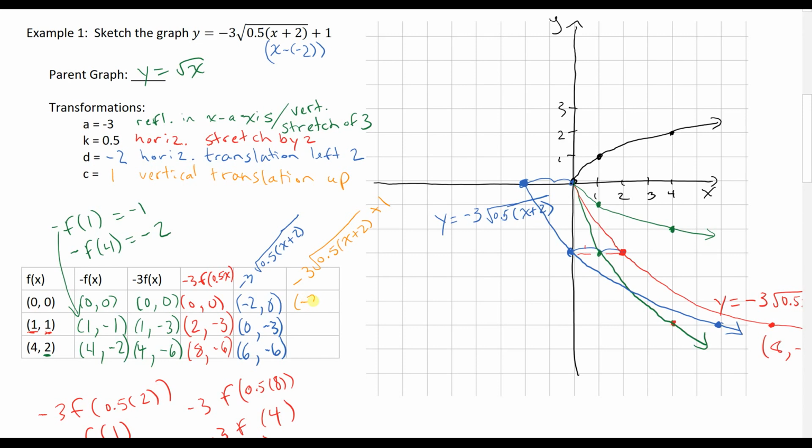You can do that. So the x values are not changed here, only the y values, and they all go up 1. 0, 6, negative 5. For me, instead of doing it point-wise, I would rather just do it on the graph. I'd rather just look at it and move every point up 1. Do you guys prefer looking at the graph and doing the transformation, or do you prefer a numerical approach?